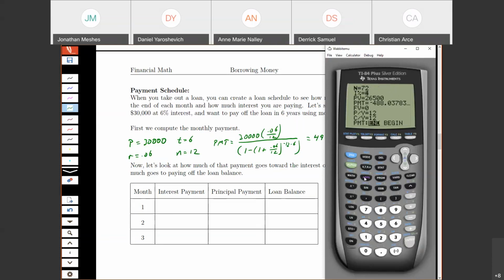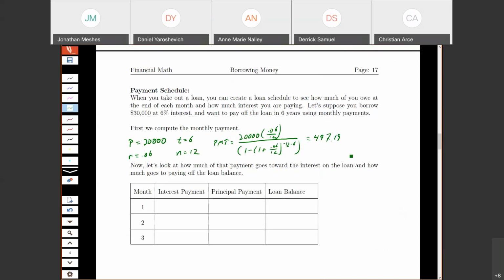For the interest rate, remember to leave it as a percentage, don't convert it to a decimal. We have to be a little bit careful about some of those things. And then I should get the exact same number. So this is what we're going to keep.